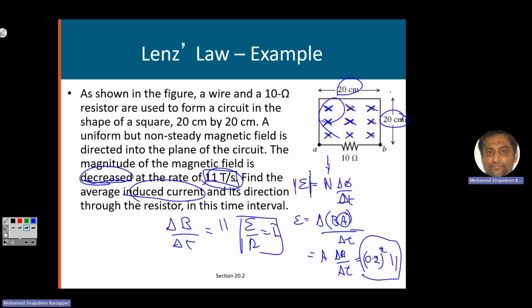So tell me what should be the direction of the induced magnetic field. The original external magnetic field is in, and it is decreasing. So I have to stop that change. What should be the induced magnetic field? It should be opposite, right? So the induced magnetic field must be opposite.